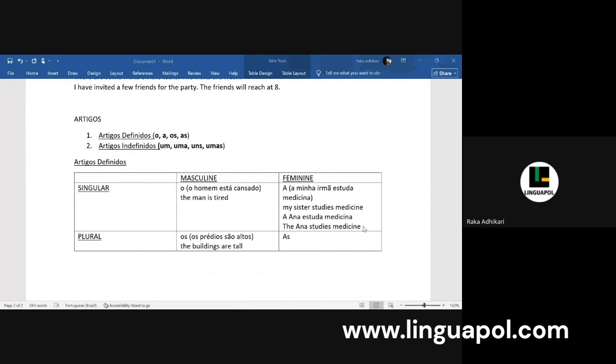When we are talking about relationships, we use the definite article. When I'm saying a minha irmã, the person that I'm talking about is only one unique person in the whole universe. To denote that, we use the definite article. So always remember, whenever we are talking about any kind of relationship, a minha mãe, my mother, o meu pai, os meus pais, my parents.